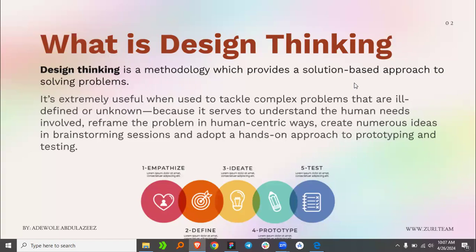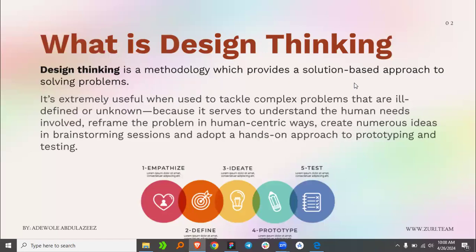Because it serves to understand the human needs involved, it reframes the problem in human-centric ways. Human-centric in the sense that the user is always at the middle of what you are doing. Everything that you do in design thinking, you always keep the user at the center.